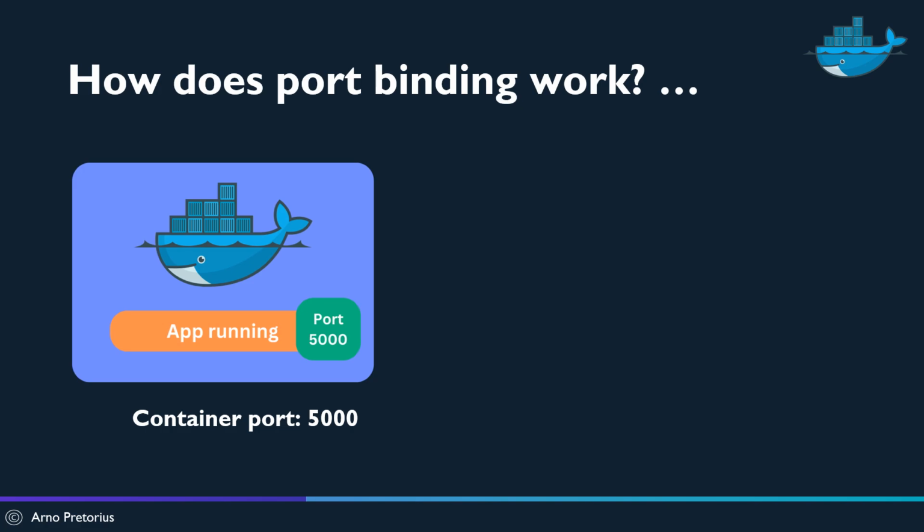Let's say I have a container port, and inside the internal network of my Docker container where my app is running, it's running on port 5000. Now, I cannot directly access port 5000 on my computer and try to reach the Docker container itself, because it's not going to allow me.